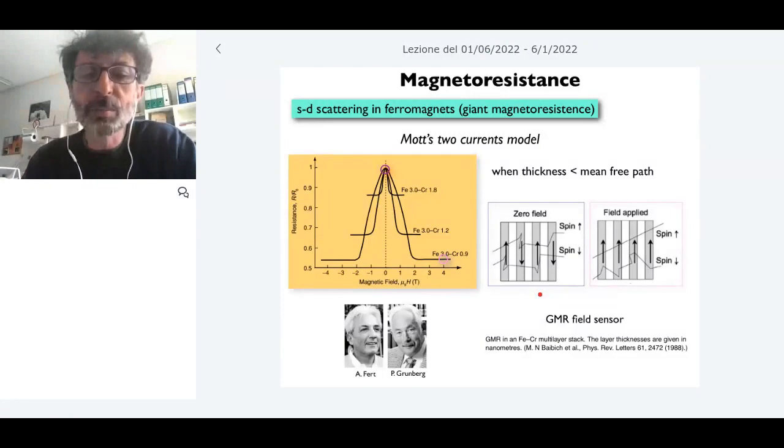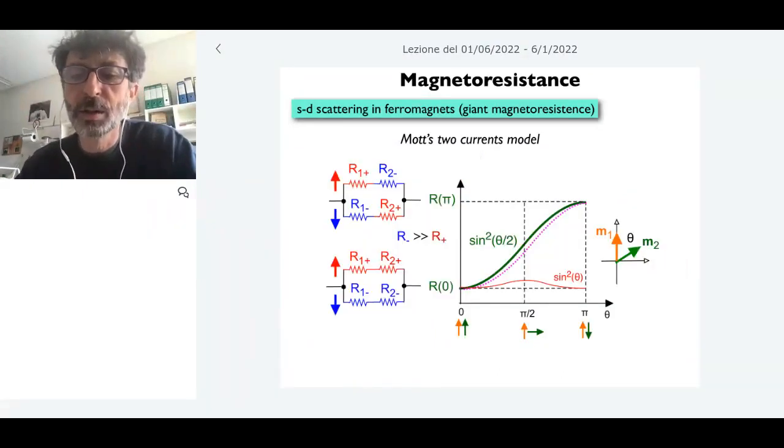But in any case, what is important, if you look at the change of resistivity, is really relevant. So the giant magnetoresistance of multilayers developed a lot, and you will learn in the next hour with me some of the possible applications.